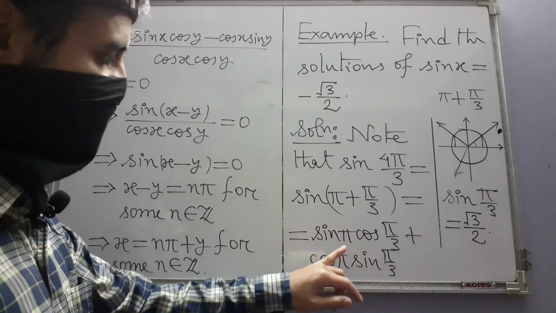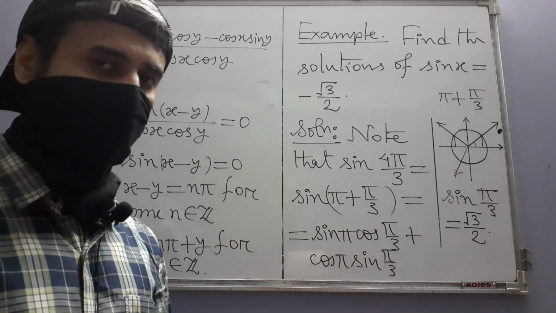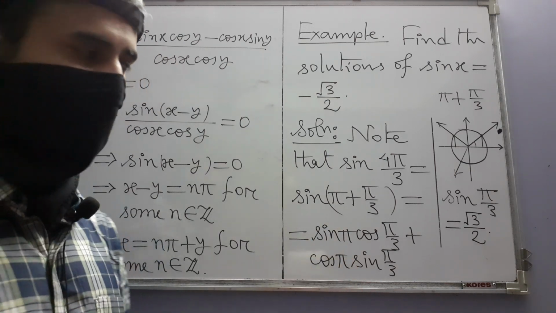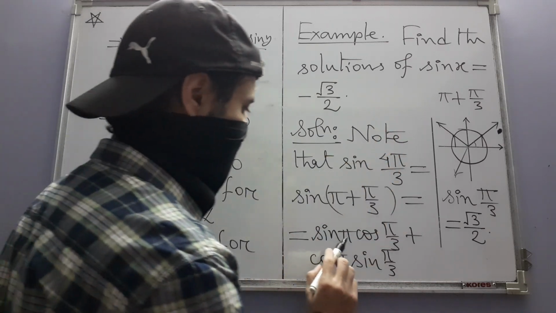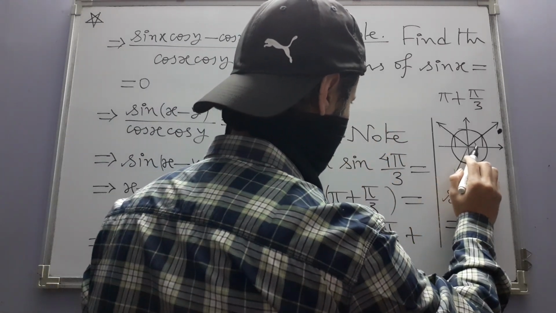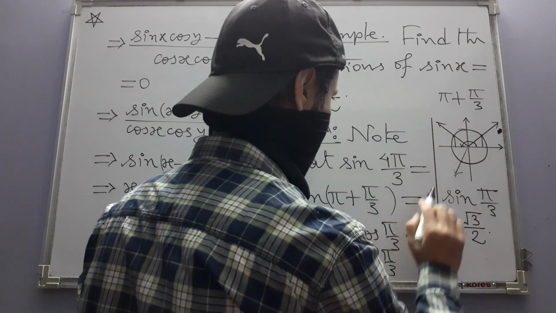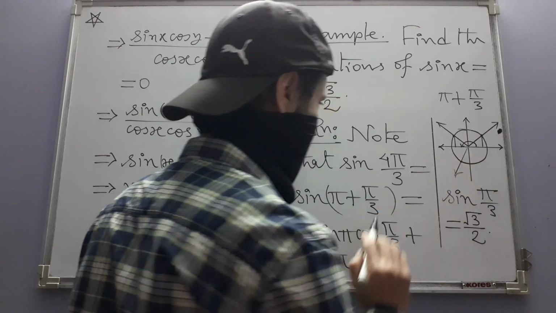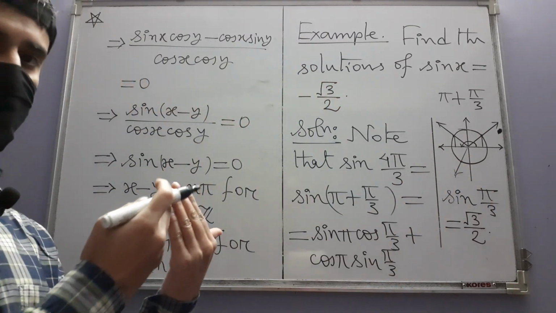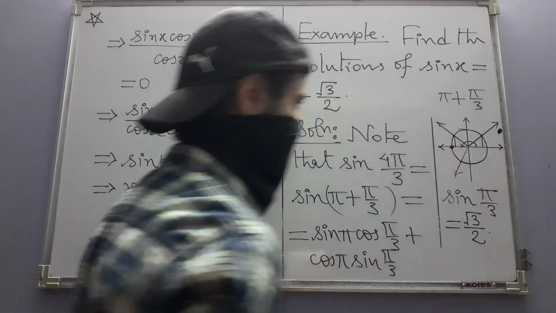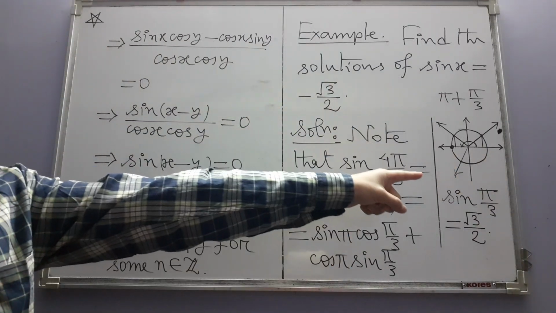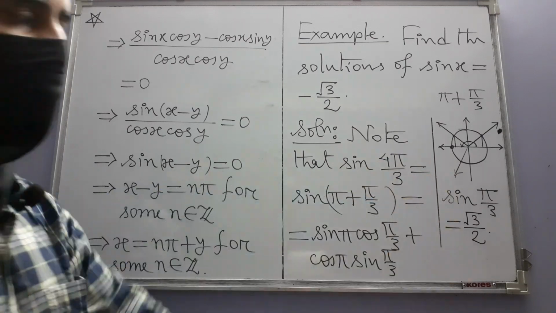Sine pi is 0, cos pi is minus 1. I know this by heart, but still you can see if that's really true. What is the angle pi? Pi is this angle. For that angle pi, the terminal ray is simply the negative x-axis, which intersects the unit circle at that point. And we know the coordinates of that point.